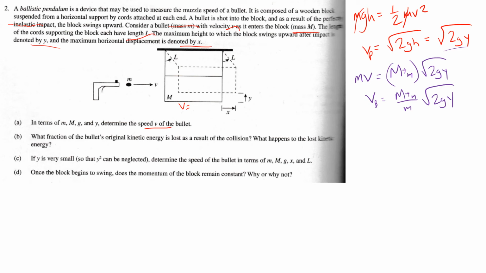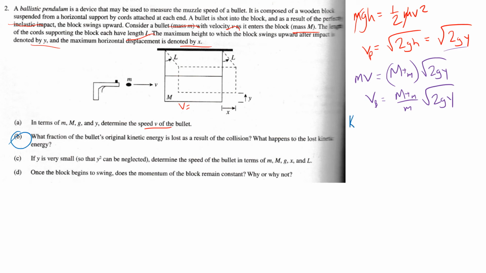All right, moving on to part B. What fraction is lost as a result of the collision? What happens to the total kinetic energy? All right, so let's figure out the amount of kinetic energy that it kept first, because that's going to be a little bit easier, and then we'll just subtract. So what fraction was kept?